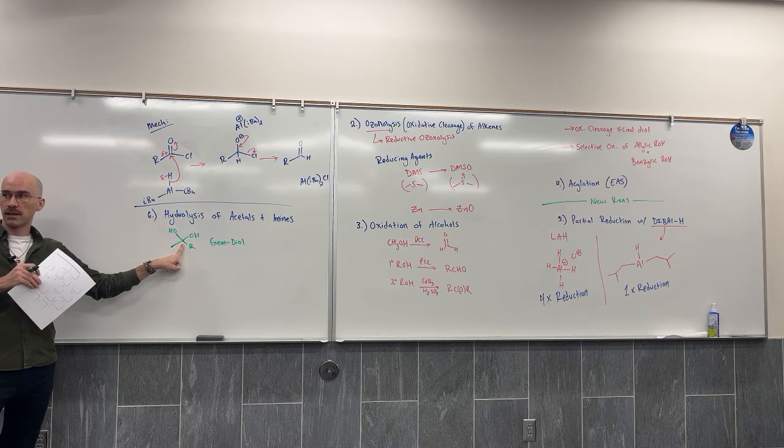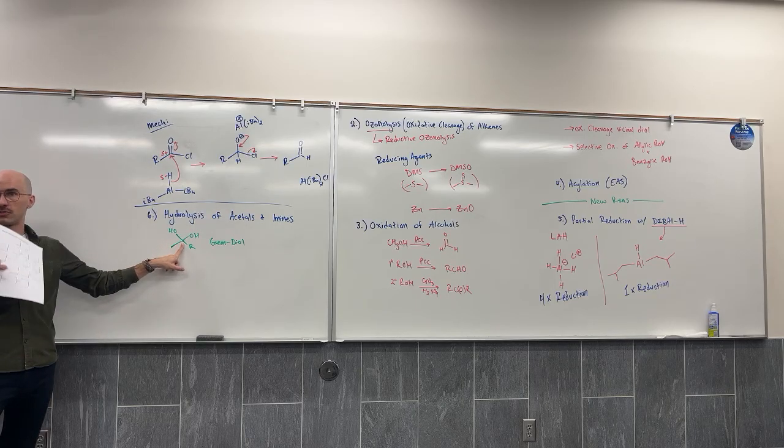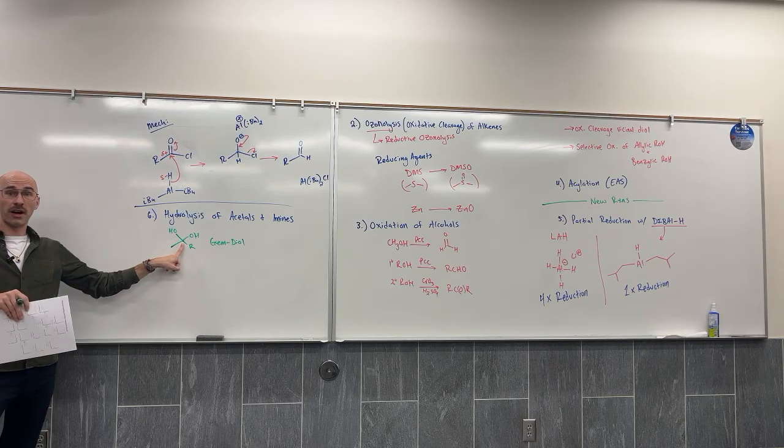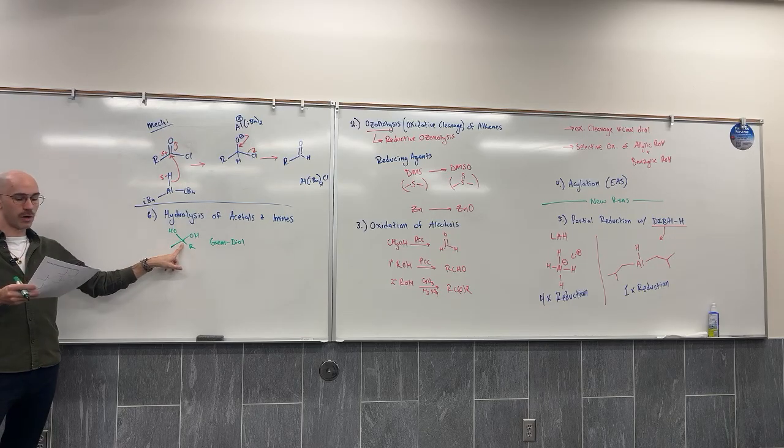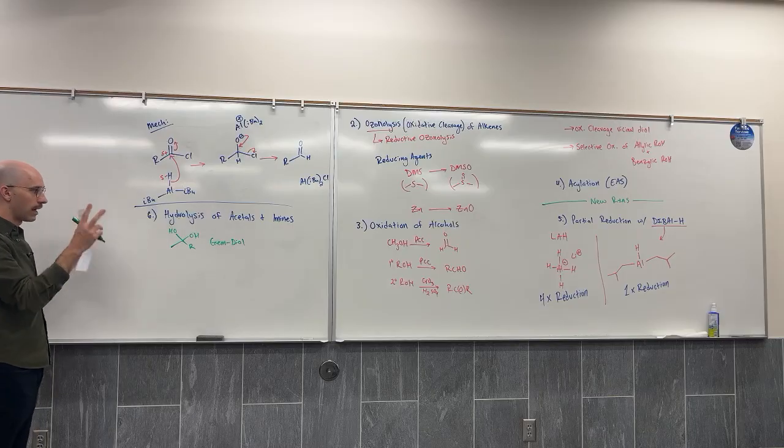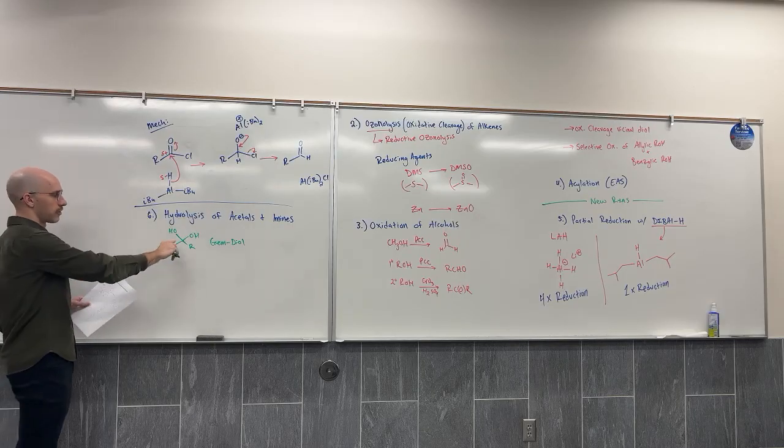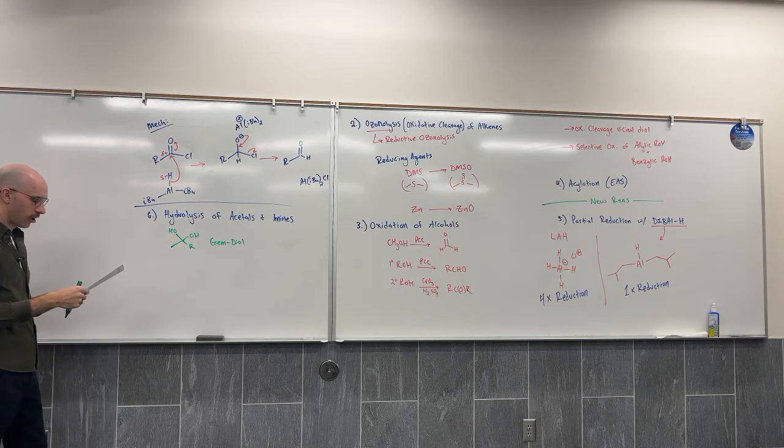Do you see how many bonds to oxygen that carbon has? 2. Do you see in the product how many bonds to oxygen that carbon has? Still 2. It's not being oxidized or reduced, but it is reacting the gem diol with water and converting the way that those oxygens are bonded, going from 2 OHs to just a carbonyl.